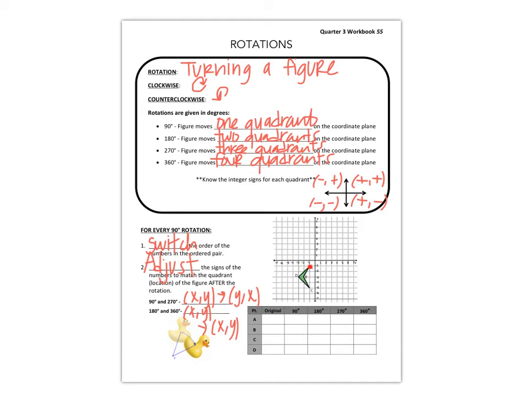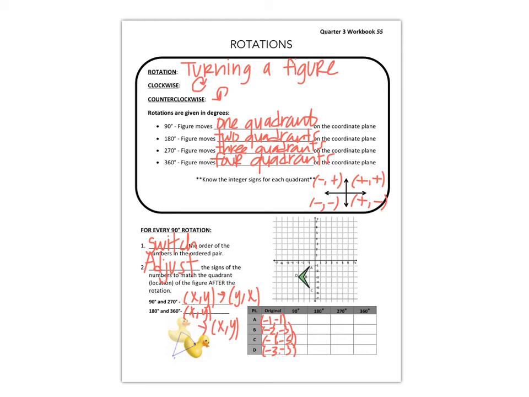Go ahead and get the ordered pairs for A, B, C, and D. Alright, so here are the original ordered pairs. So 90 degrees clockwise, that's 1 quadrant, and clockwise would be in this direction, so we're going to end up here. So reviewing the rules, for 90, XY switches to YX.